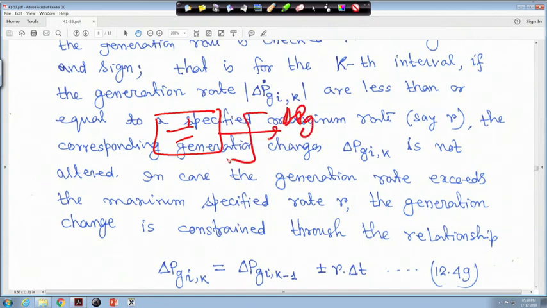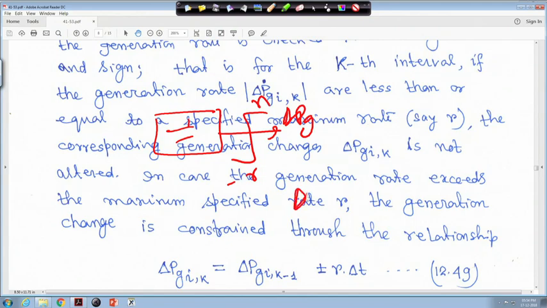You have the rate limit, this side is R and this side is minus R, so increase or decrease is the same. Generally for thermal units it is the same, for hydro units it is different. Every sampling or integration instant you have to evaluate it.